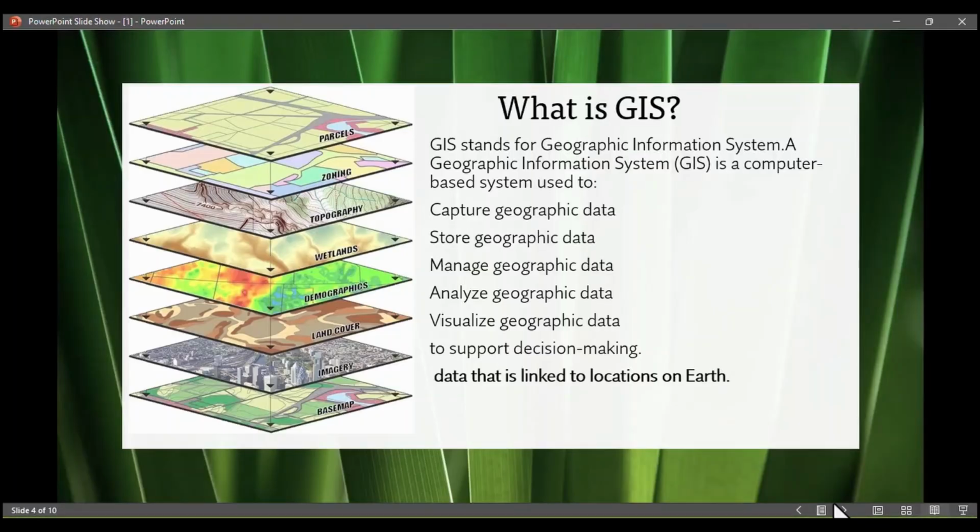It also stores geographic data, manages geographic data, analyzes geographic data. Also, it visualizes geographic data. All of this is to help in supporting decision making. Now, the data is linked to locations on Earth.